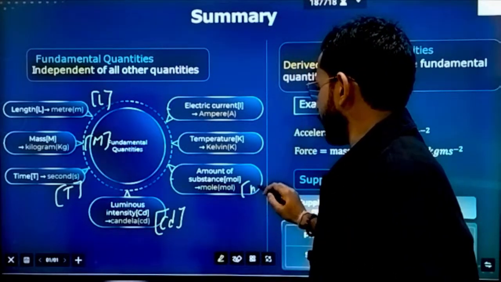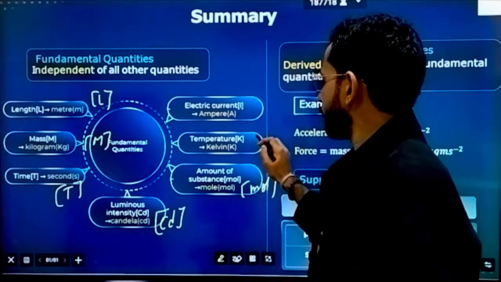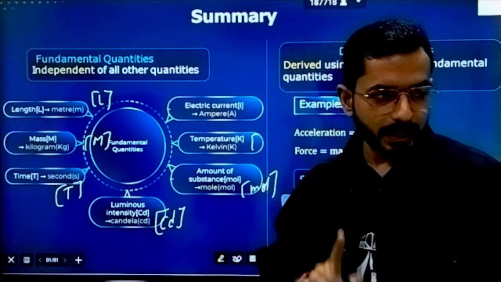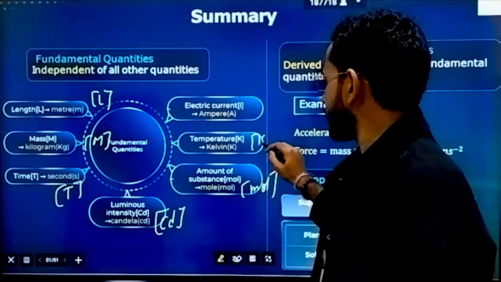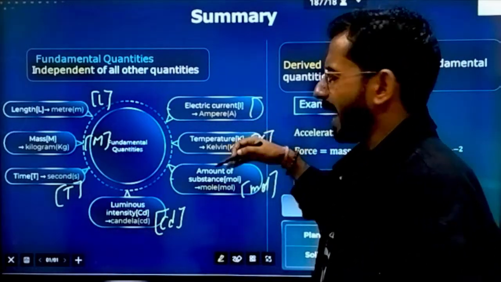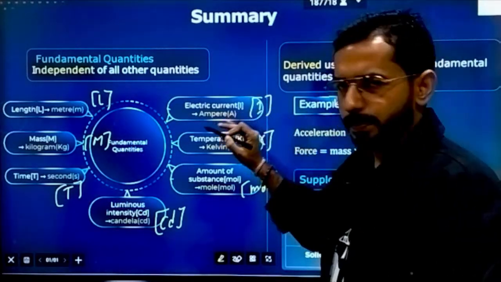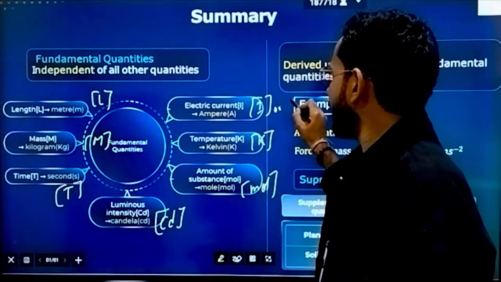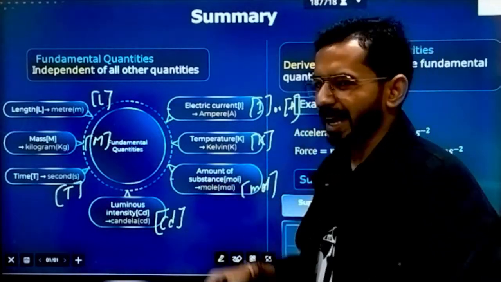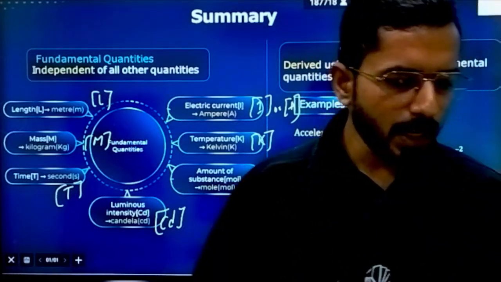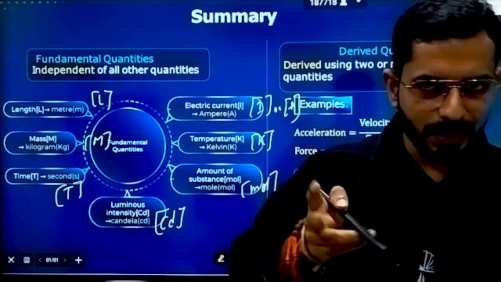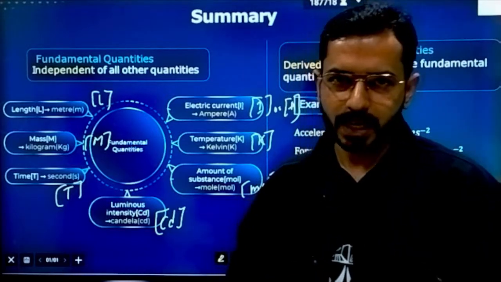Mole is represented as mol. Temperature is not represented by T, please remember, it is represented as K. And current has two representations: in a lot of places it is represented by I, that is correct, and it is also represented as A, for ampere. These are the two basic representations you will have for current.